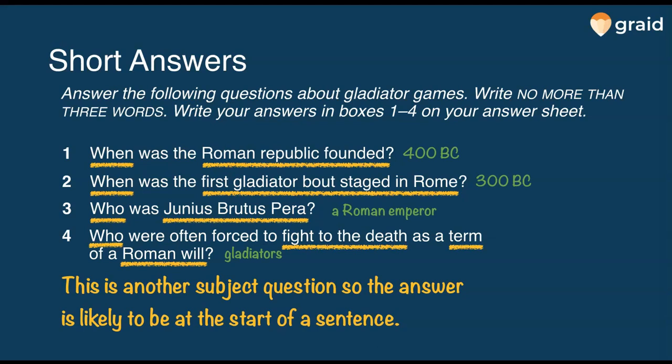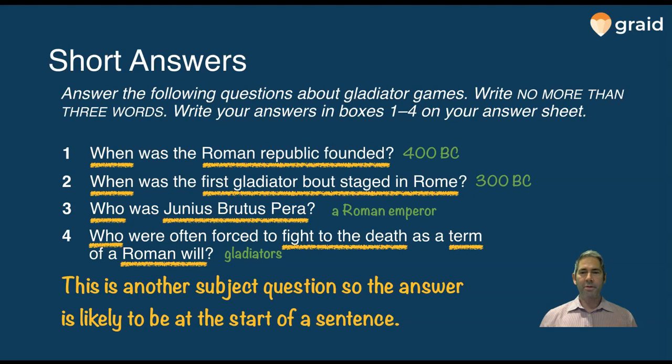It was staged in honour of a deceased aristocrat, Junius Brutus Pera, and for the next 100 years, gladiator bouts continued to be rather private affairs at Roman funerals of the wealthy. Forcing slaves to fight to the death was often a term of a will. These early gladiator bouts recognised the importance of the deceased person and served as means of impressing other elite members of society.